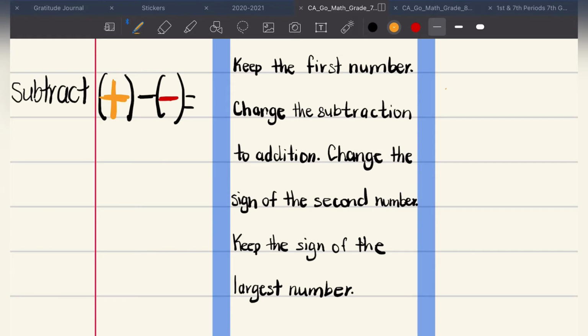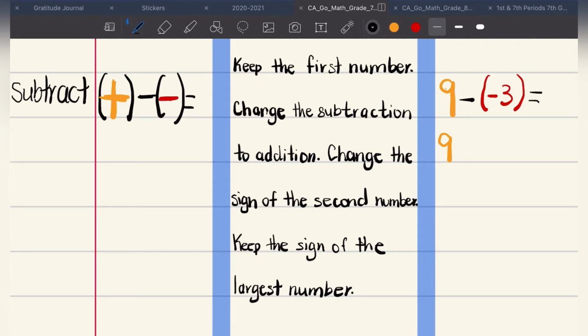Say that we have 9 minus negative 3. Okay, so we keep the first digit, then we change it. So subtracting a negative is the same as adding a positive.